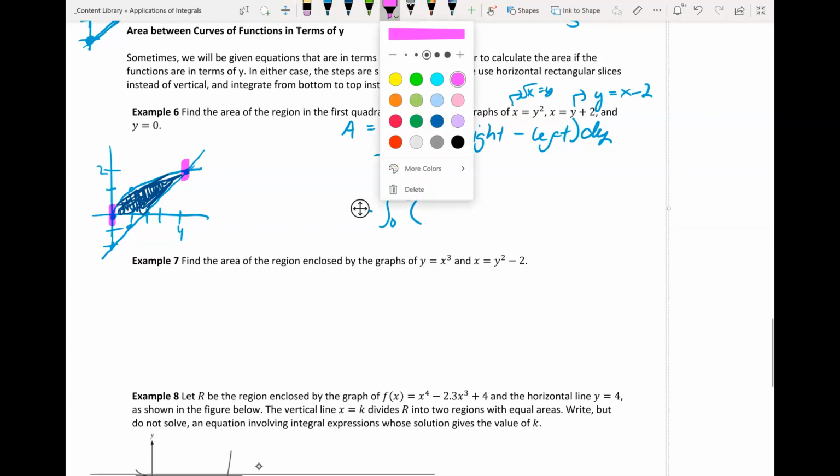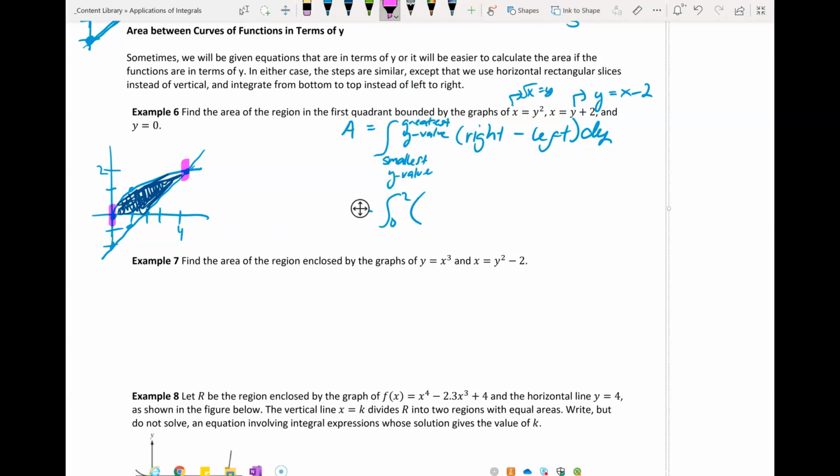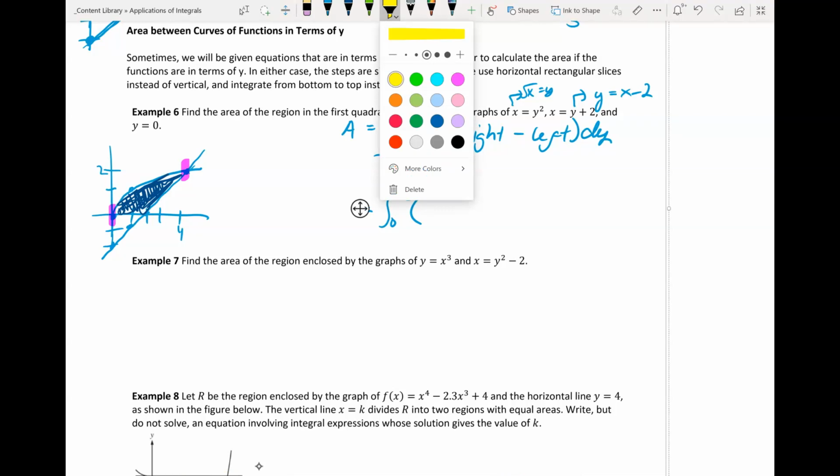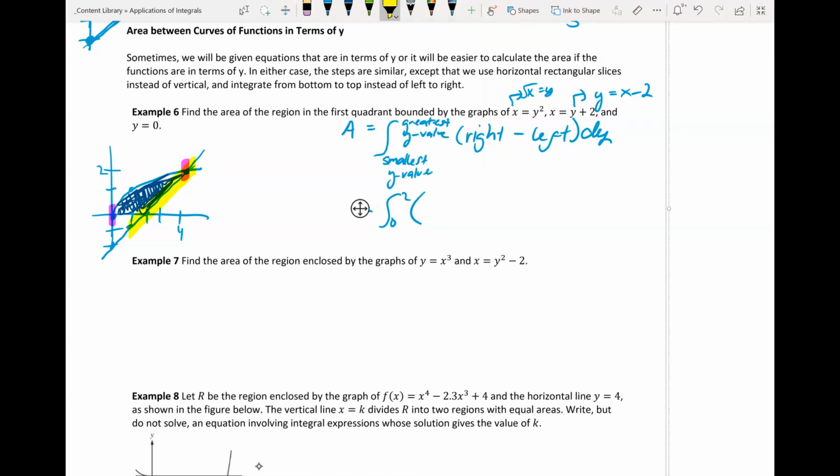The function that is to the right is going to be this one here, and that one is your y plus 2 function. Then your left one is going to be your y squared. Okay, so your right is y plus 2, your left is y squared, and dy, and then we're going to integrate this.